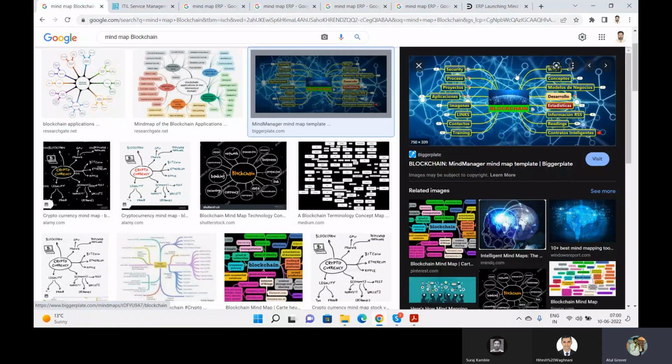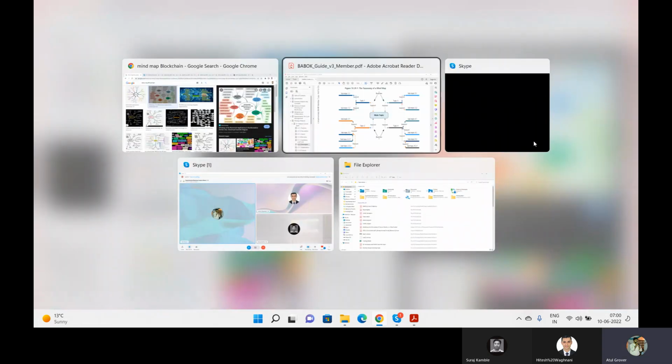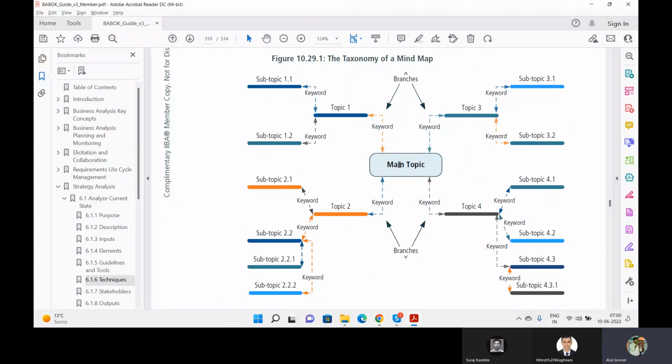Now by seeing this, you can understand कि blockchain में क्या क्या होता है. If I open like this, by seeing this, you can understand. And what we are saying here: main topic, keywords, topic 1, topic 2, फिर keywords, subtopics and subtopics. This is called the mind map.